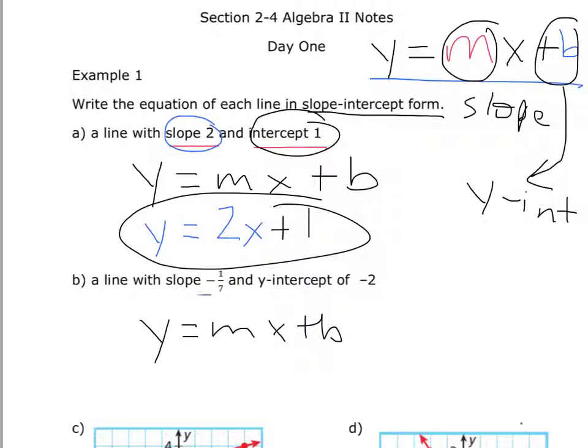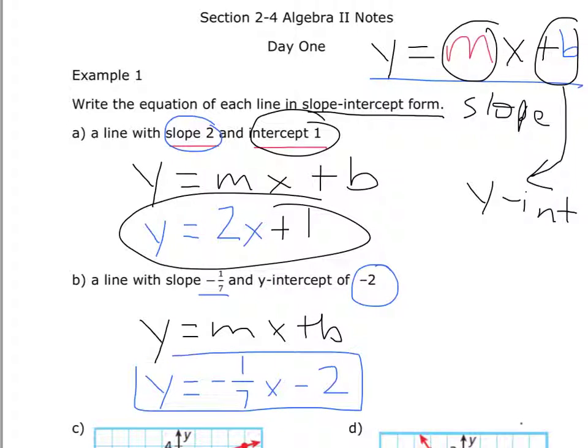The slope is negative 1/7, so that's what I'm going to put in for m, so I have negative 1/7 x. Here my y-intercept is negative 2, so instead of having a plus b, we're going to have a minus 2. So you should end up with y equals negative 1/7 x minus 2.